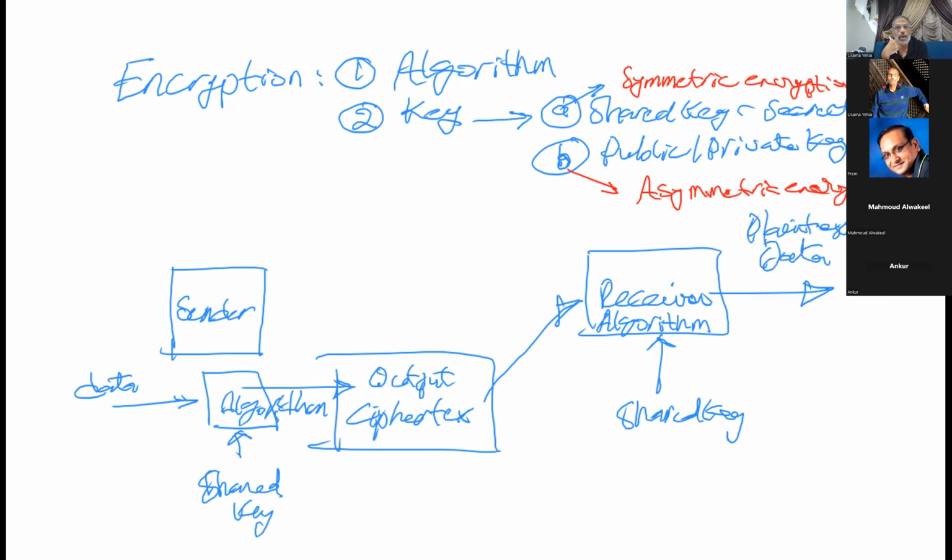We found that there are some challenges using this method, the symmetric encryption. What are these challenges? Challenge number one, the difficulty in scalability. What do you mean?